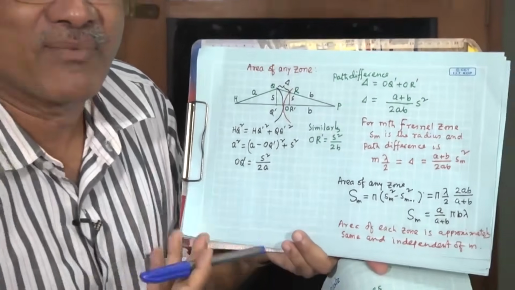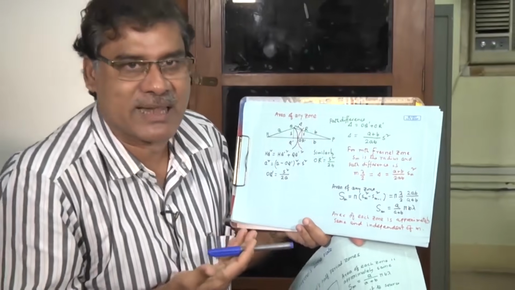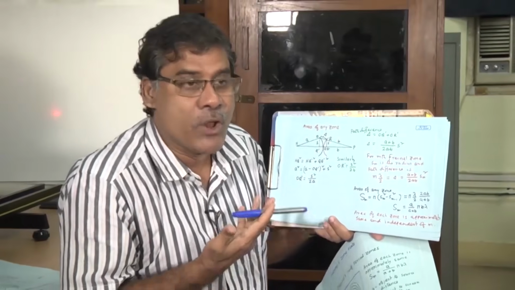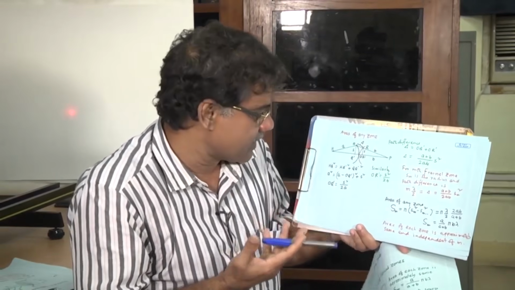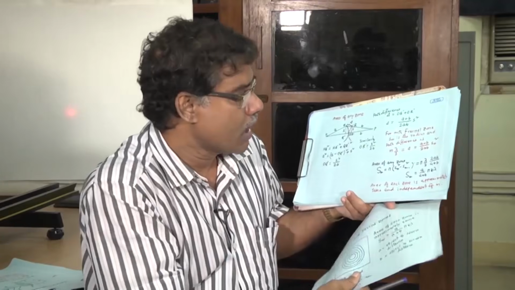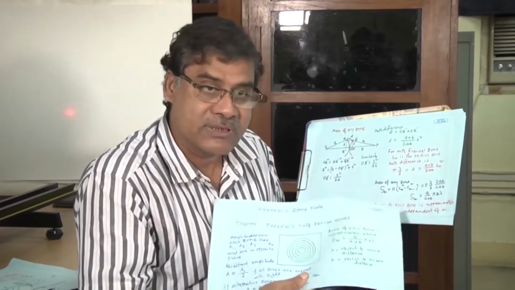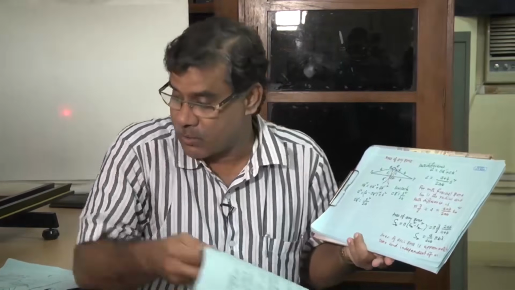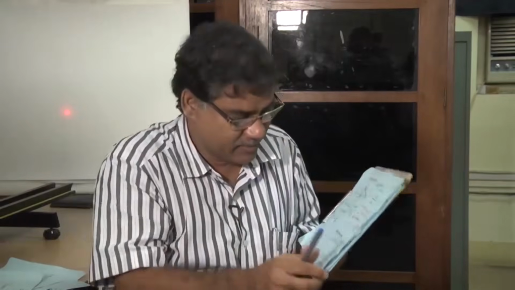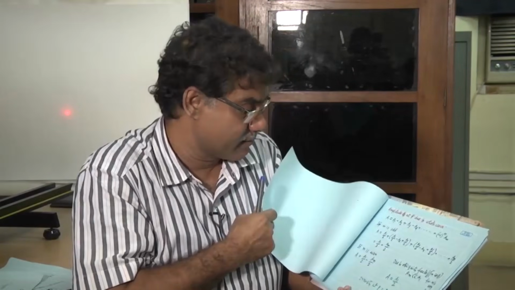What will happen then? That is what we are going to study. This is called the Fresnel zone plate.